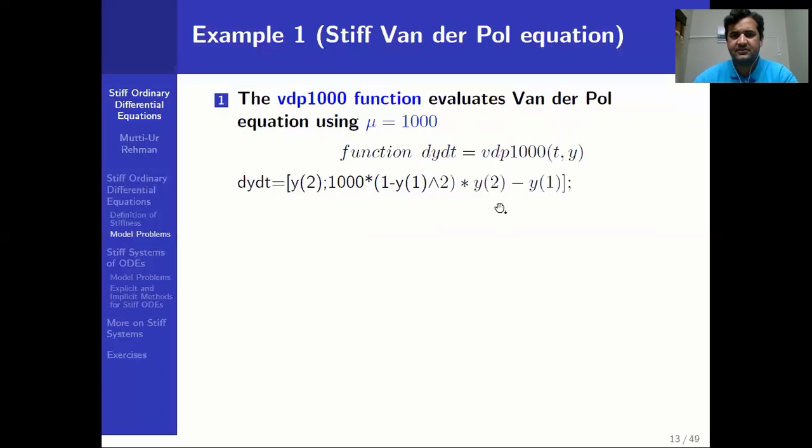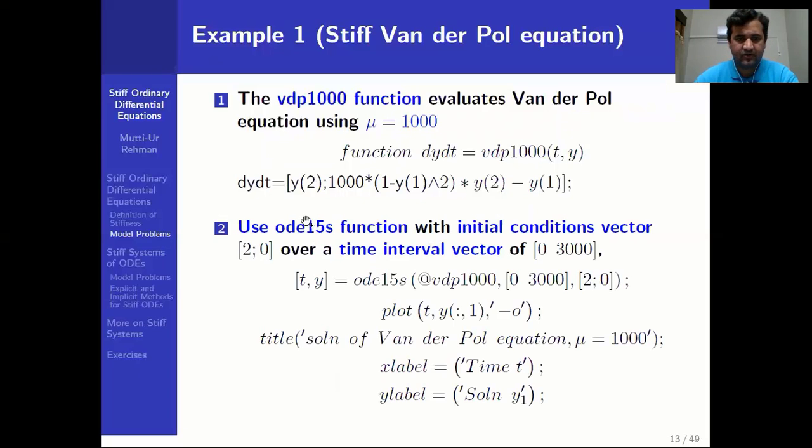Okay, and I can write down this small Matlab code, and I can call ODE15S, and I can construct this initial condition vector and this time interval. So I take a large number of points, about 3000. Okay, so you call your ODE15S and introduce the things which are required.